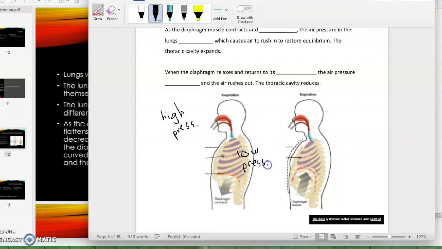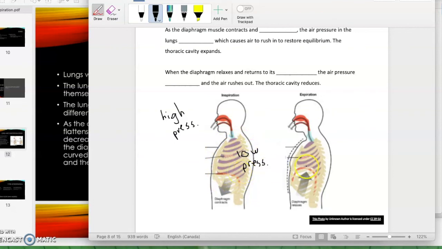We know that anytime there's an area of high pressure and an area of low pressure, everything moves from high to low pressure. So that's why we have air rushing in. As that diaphragm contracts and opens up this space, there's less pressure because there is less air in this space, so new air rushes in to fill that space.